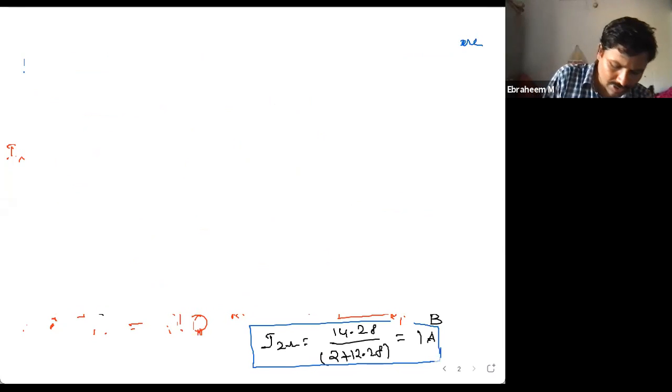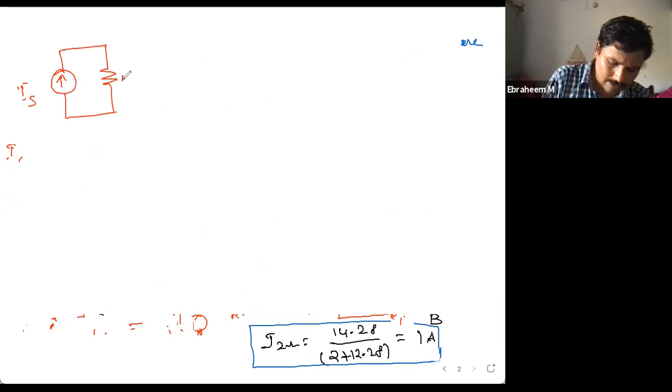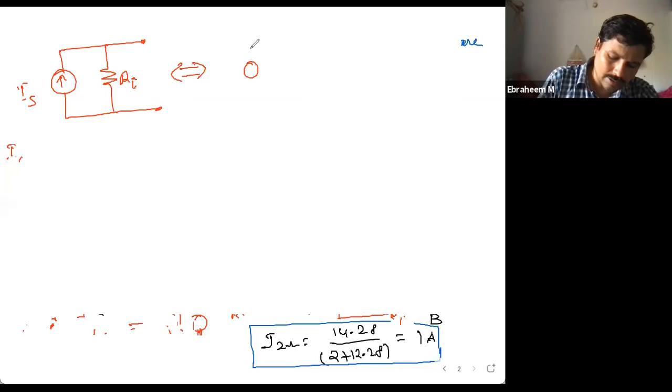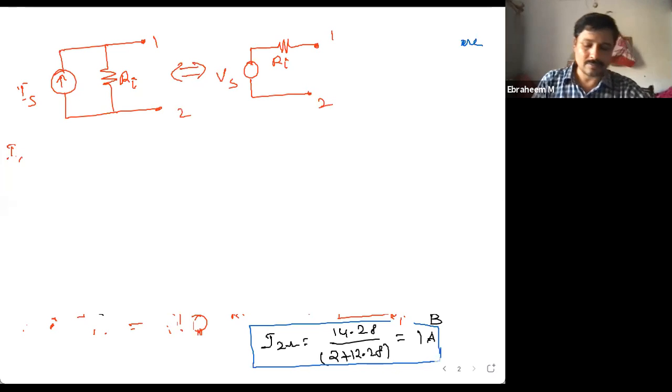So using source transformation, if you have a current source Is with its internal resistance Ri, this is the practical voltage source, and you can convert this back into this: V source with Ri, terminal 1 and terminal 2.